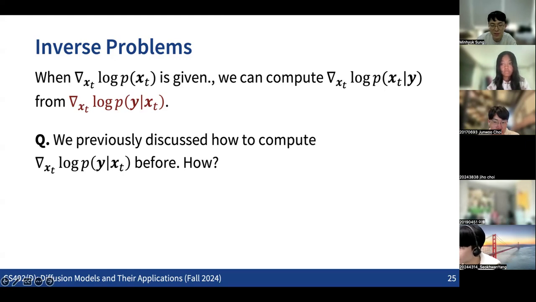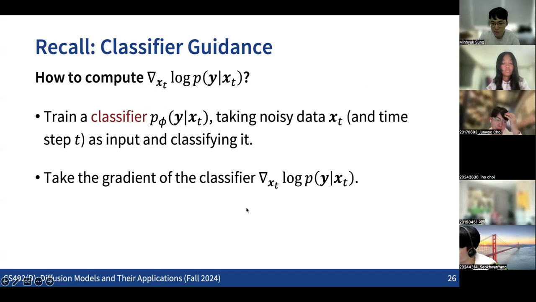The idea for classifier guidance is that when y is a label for images, we can model this score, y conditioned on xt, as the gradient of the log of the output of a classification network.